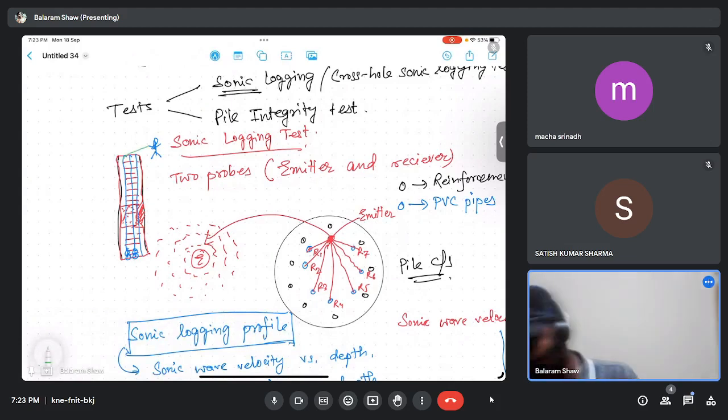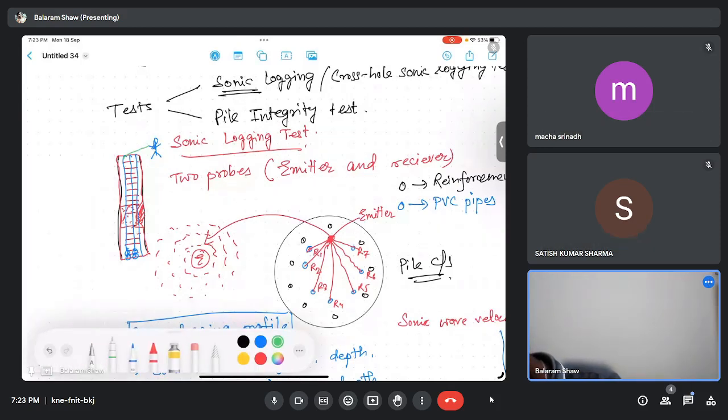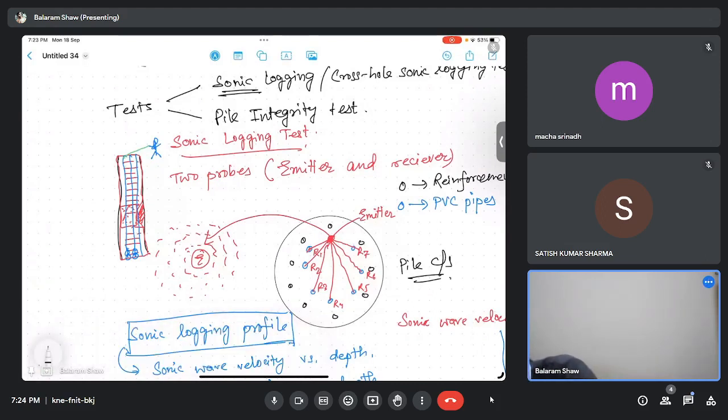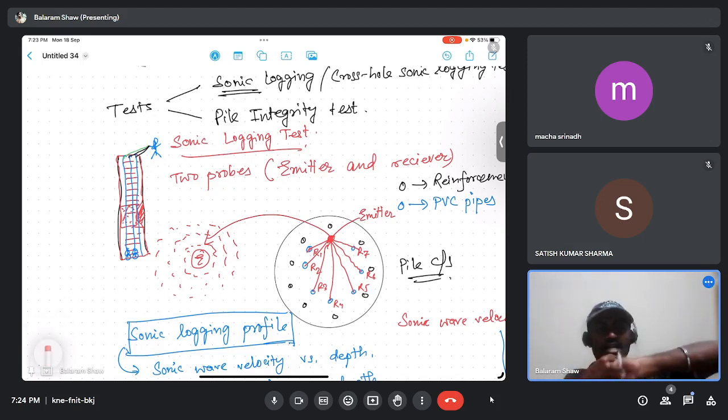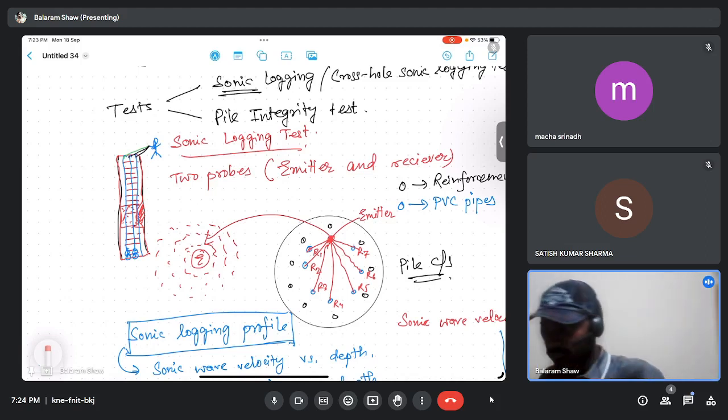And which one should I choose? Black. Okay, and the black is for the receivers. So there will be wires, first it will go to the bottom, take the reading, and then we'll pull it out like this. So at various depths we are getting the data.